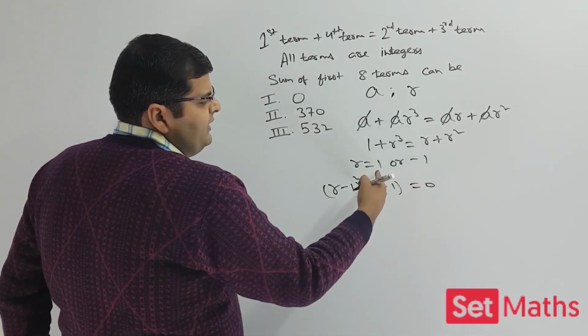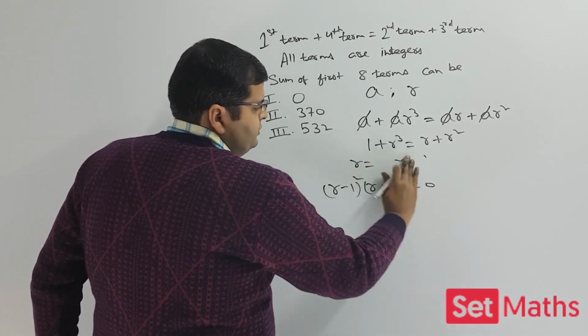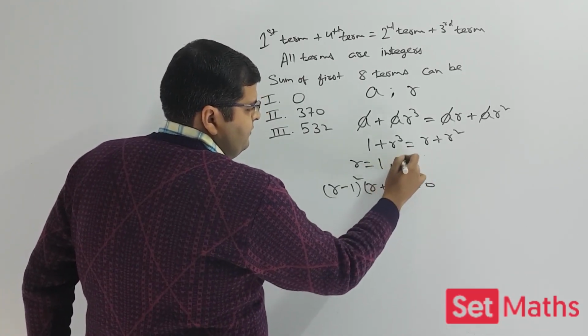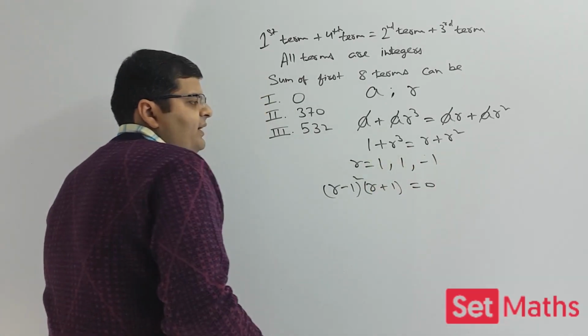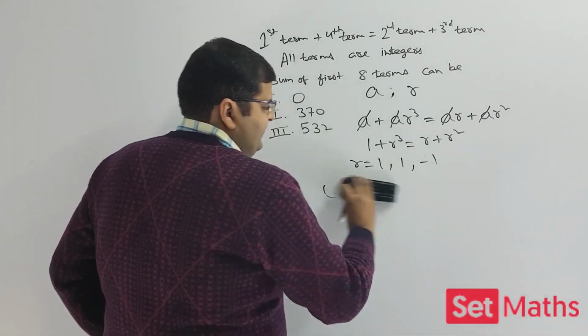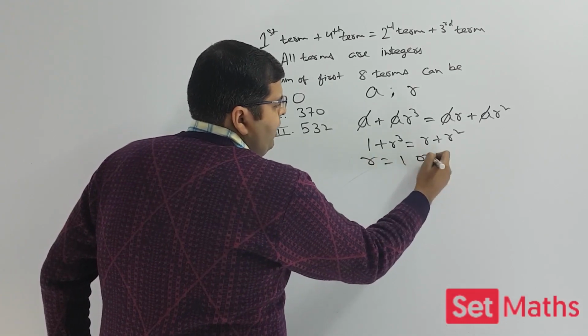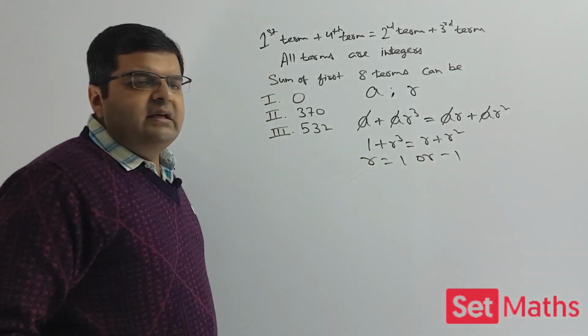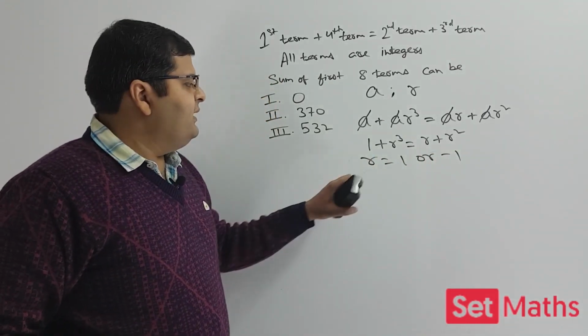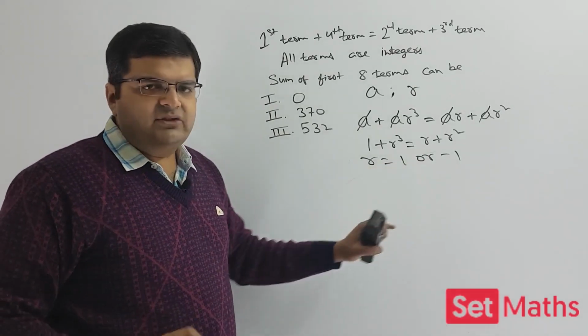So from here you will get the roots of the equation as 1, 1 or minus 1. So the integer values r can take are 1 or minus 1. Over here the value of r is either 1 or minus 1.